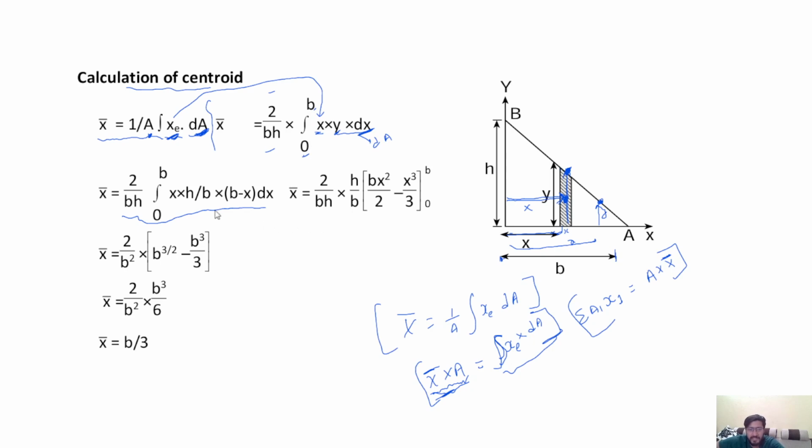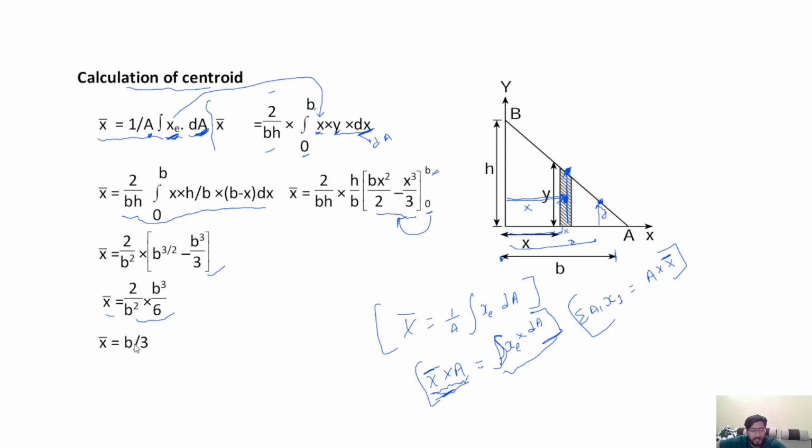And after integrating this inner part, we get bx square by 2 minus x cube by 3, and we take the lower limit and upper limit and assign this upper limit and lower limit in this equation. We can calculate the centroid x bar.